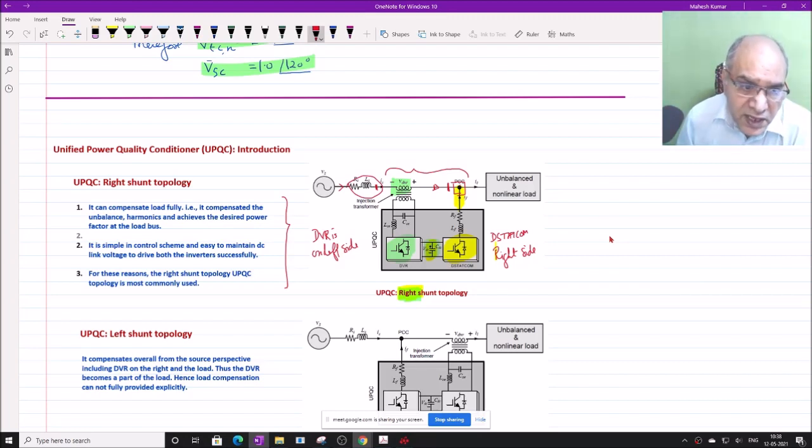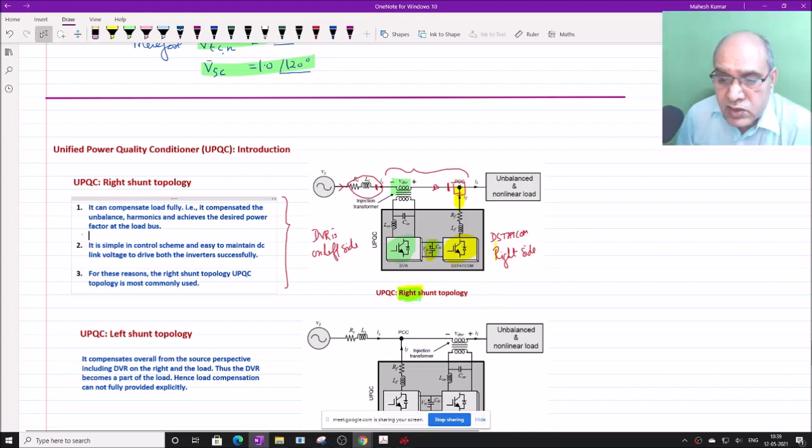This is a simple scheme as compared to the left shunt, and the regulation of DC link voltage is quite easy in this case. The regulation of DC link voltage can be done using the P loss over the PI controller that I have discussed in the active power filters.